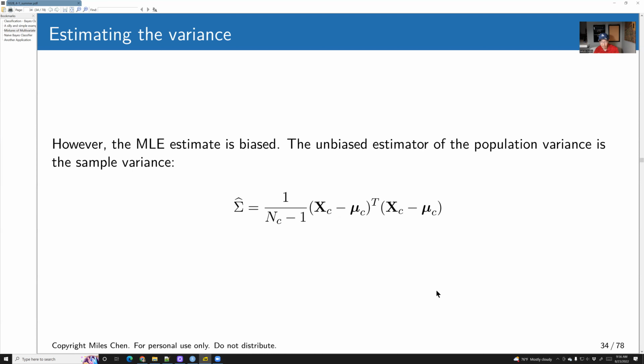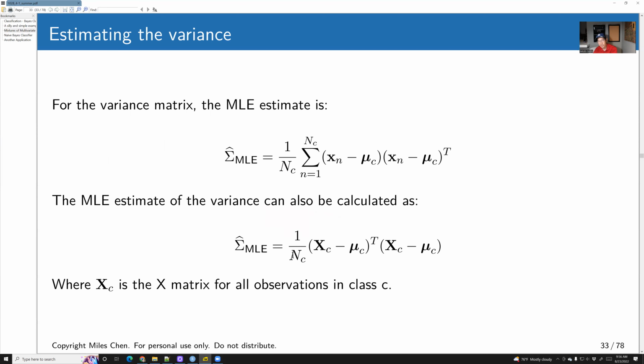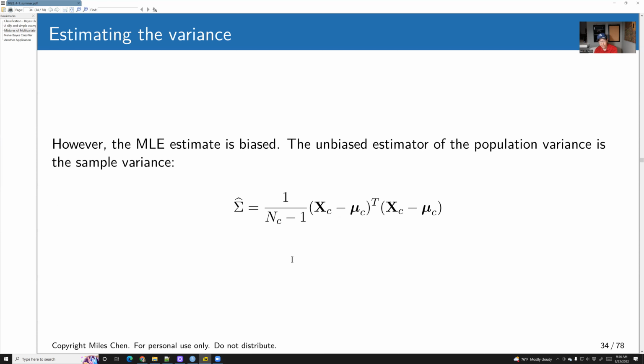The unbiased estimate for the variance, though, is you divide by n minus 1, right? So the maximum likelihood estimate is 1 over n, but this is going to produce biased results for our population variances. And so to get the unbiased, we divide by n minus 1, right?